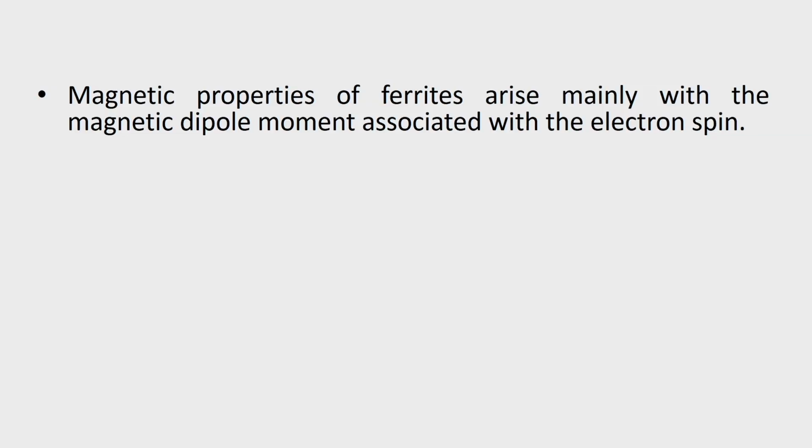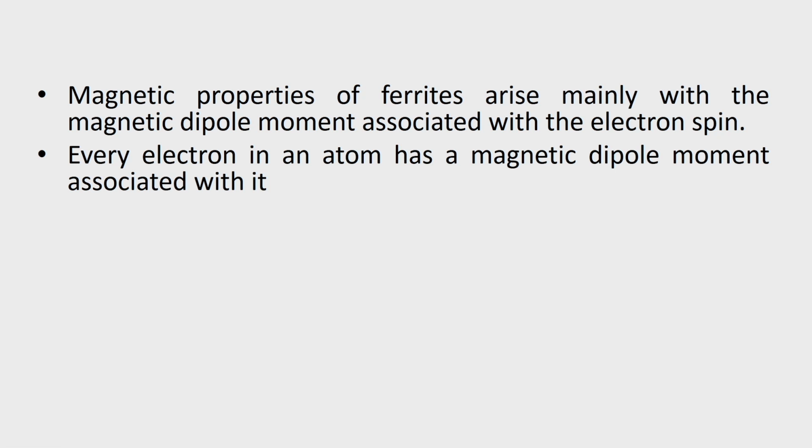The magnetic properties of ferrites arise mainly with the magnetic dipole moment associated with the electron spin. Every electron in an atom has a magnetic dipole moment associated with it.